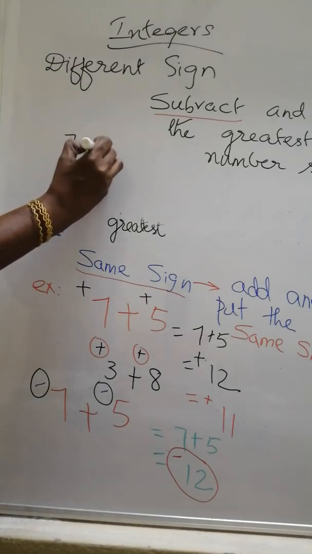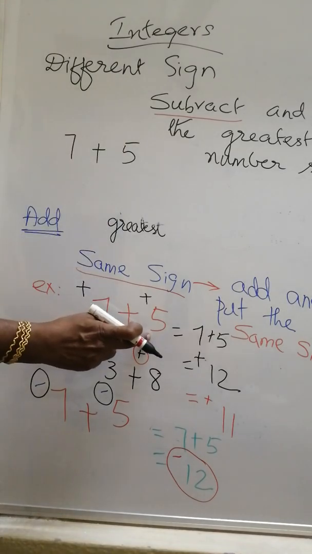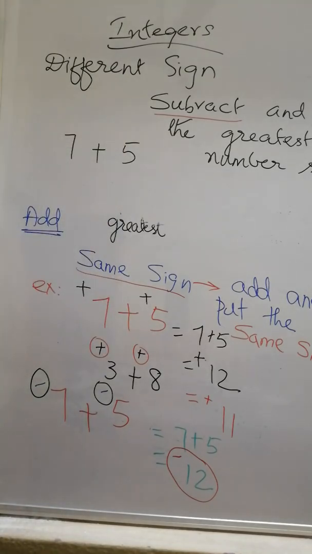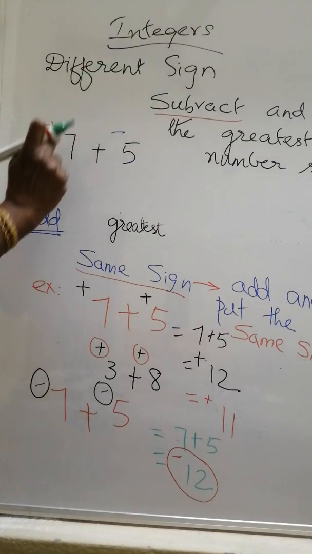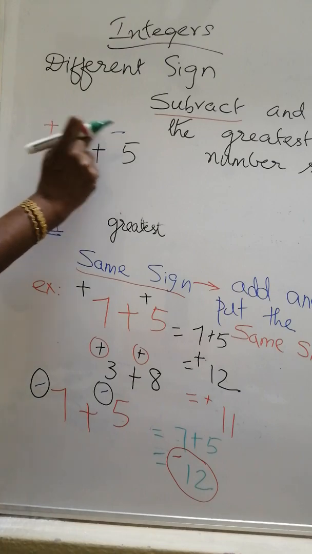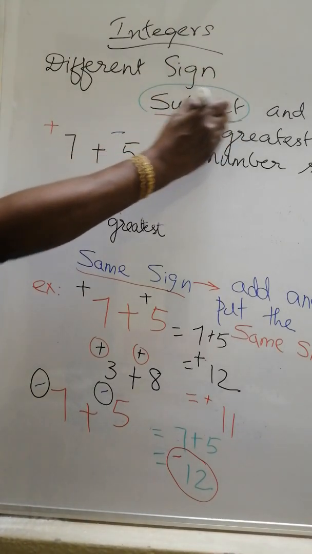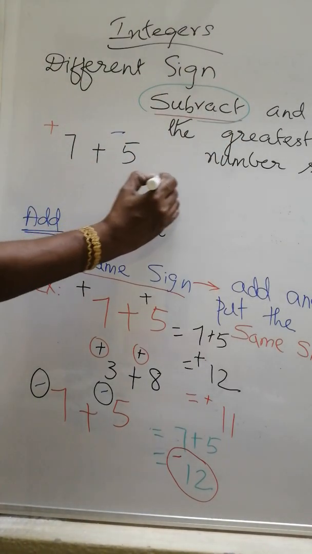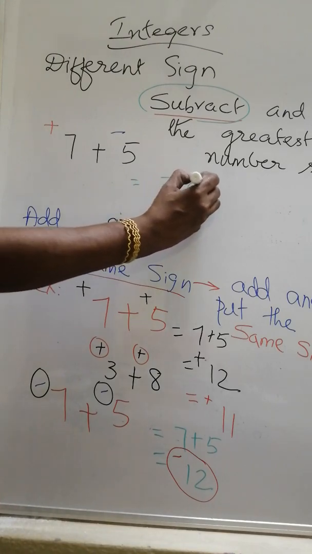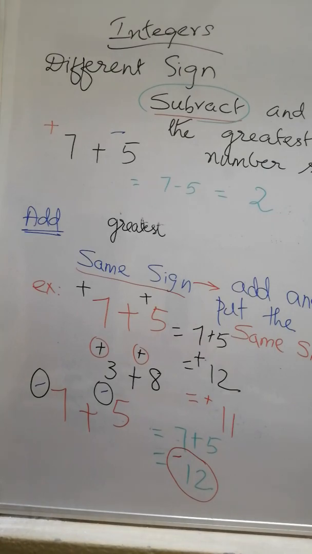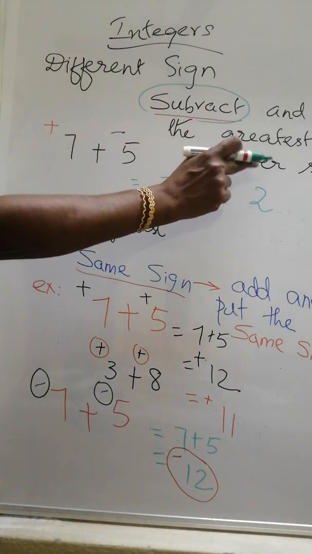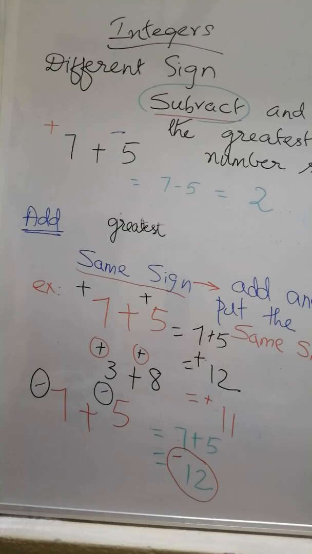Now see, I am choosing the same numbers 7 and 5. Suppose one is positive and the other is negative. Here what you have to do is, if they have different sign, then subtract. What is that? Subtract 5 from 7. You will get 2. Put the greater number sign.